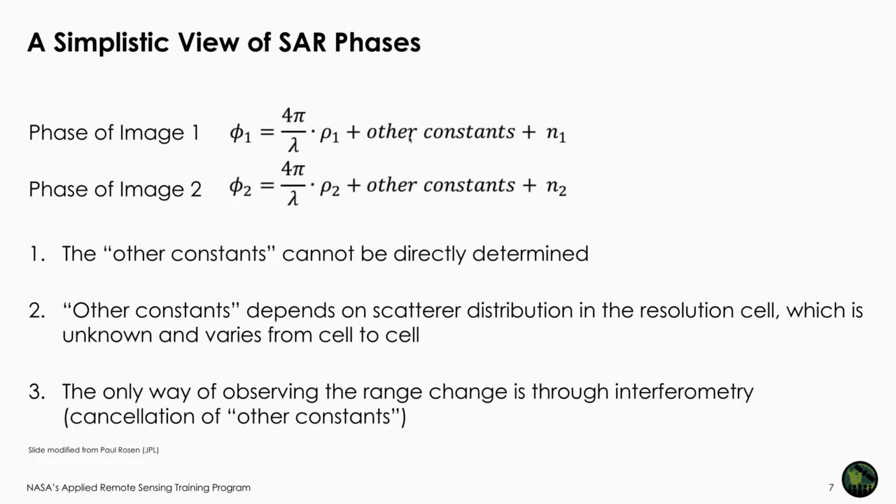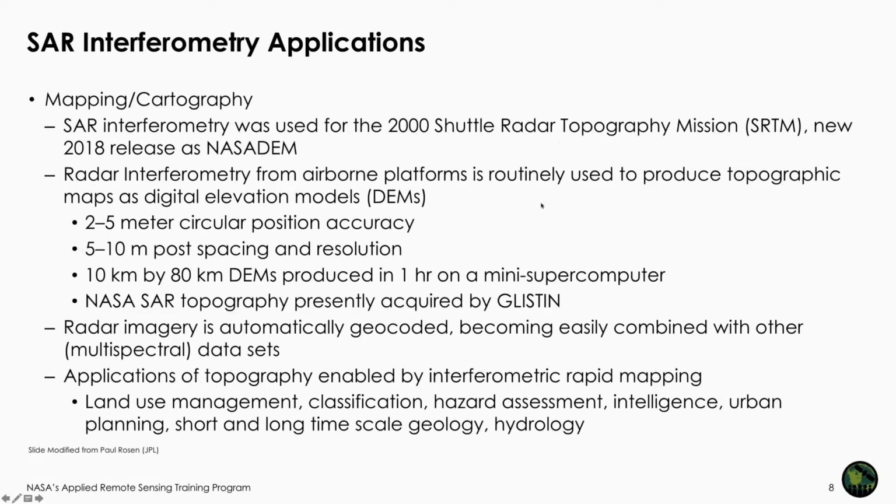So we can't measure these other constants, but we can subtract them out by taking the difference between these two radar images. There's also this N here to represent noise sources, which are also going to be different between image 1 and image 2. And we'll talk about that a little bit later.